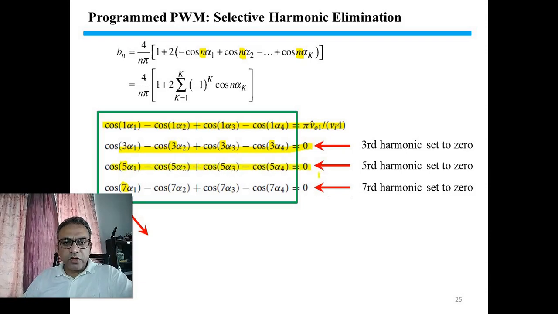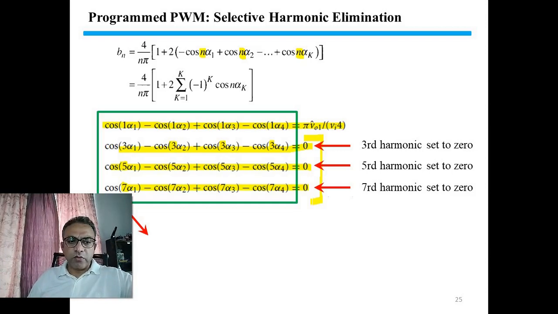In this procedure we are specifically stating that the third, the fifth, and the seventh harmonics should be 0. We want angles alpha 1, alpha 2, alpha 3 such that we have the first harmonic equal to this amount, and the third, the fifth, and the seventh harmonics set to 0. Hence, we are eliminating the third, fifth, and seventh harmonics purposely.